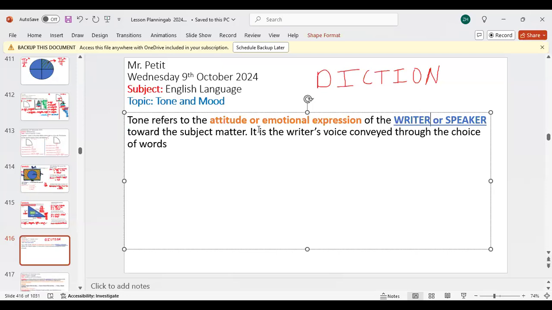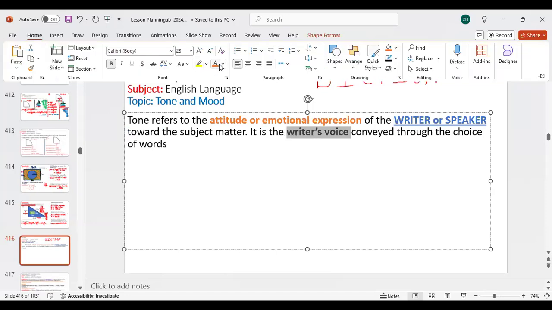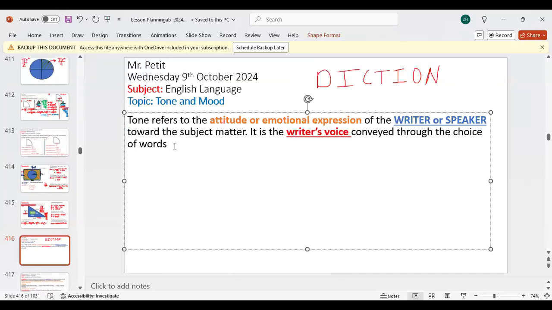Okay, I think we're very good. It is the writer's voice. It is the writer's voice conveyed through the choice of words. What else? That's the diction. Sentence structure. And the overall what? Style of the writer.